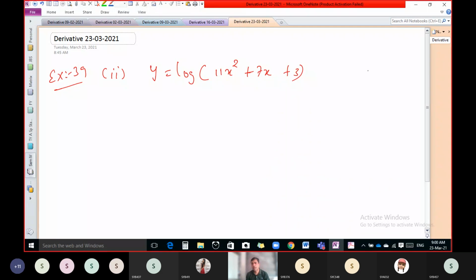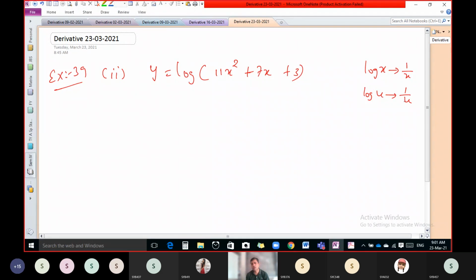Now see, we know the derivative of log x. What is the derivative of log x? 1 upon x, correct. So instead of x, if some function is there like this 11x square plus 7x plus 3, you can consider this as u.